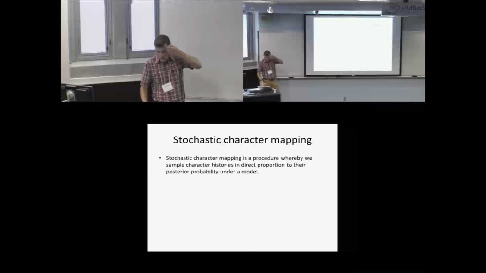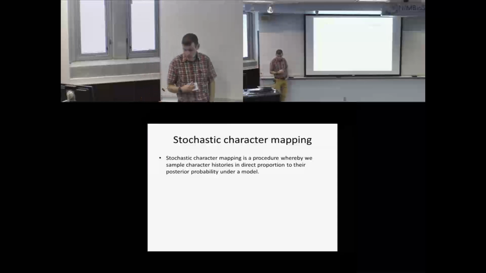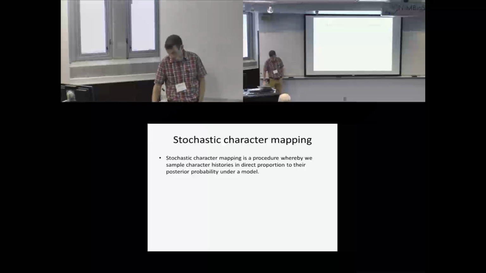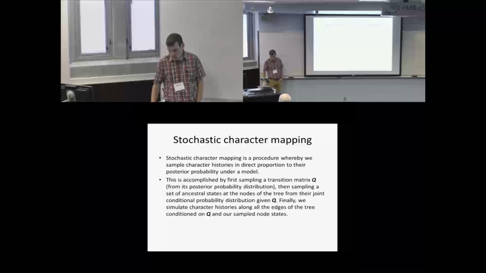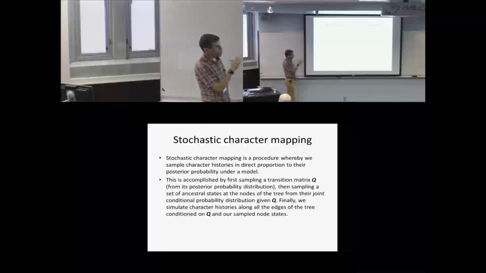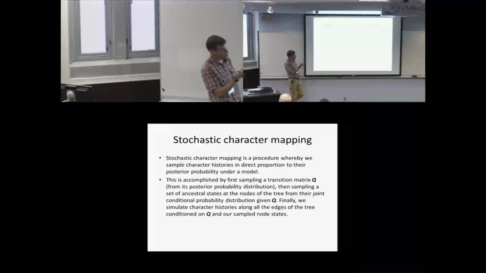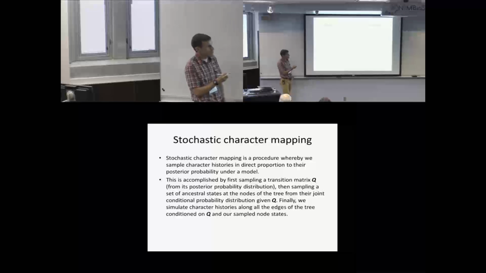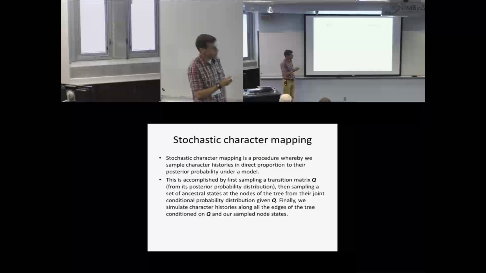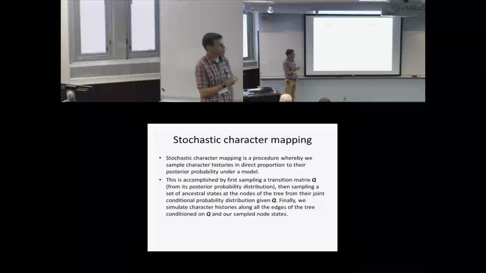Stochastic character mapping is this procedure where we sample character histories in proportion to their posterior probability under a model. You shouldn't worry about the details here, because we can do this in a variety of ways. For instance, we can sample the transition process matrix, or we can just fix that level of the Bayesian hierarchy, or we can sample it from its posterior distribution as well.